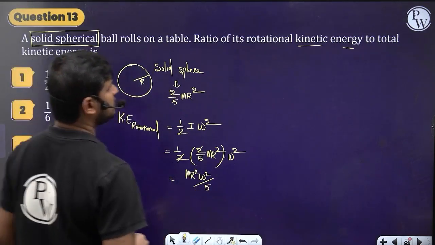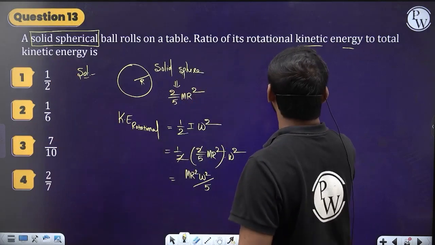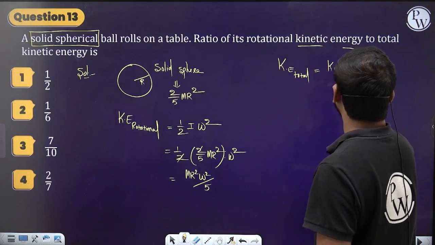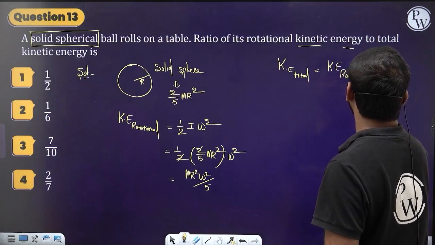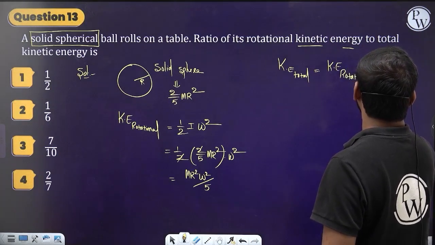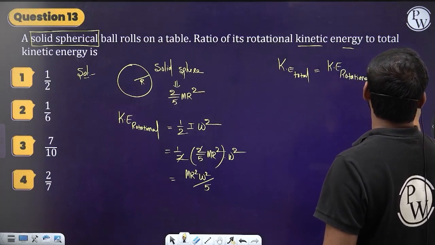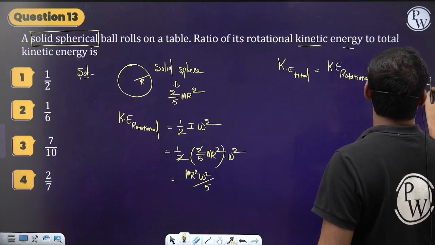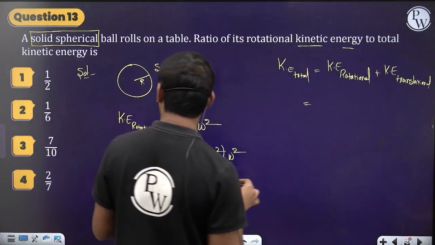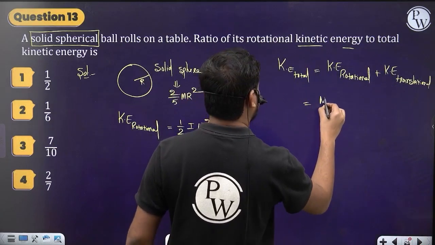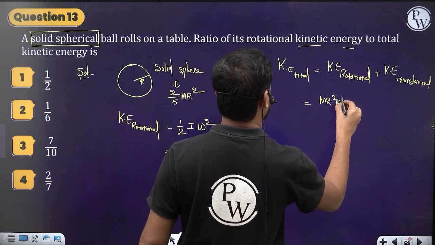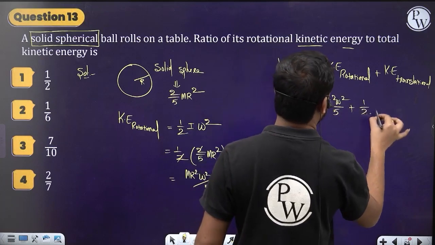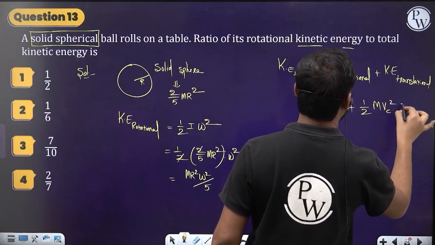Then they are asking for the total kinetic energy. So the total kinetic energy equals the rotational kinetic energy plus the translational kinetic energy. Yes or no? What's the rotational kinetic energy? Just now we got m r square omega square by 5, plus the translational, which is half m vc square.